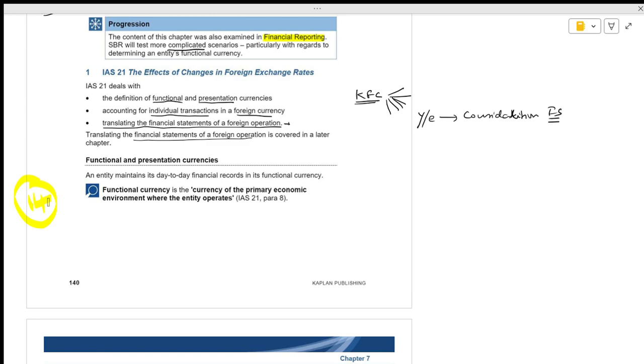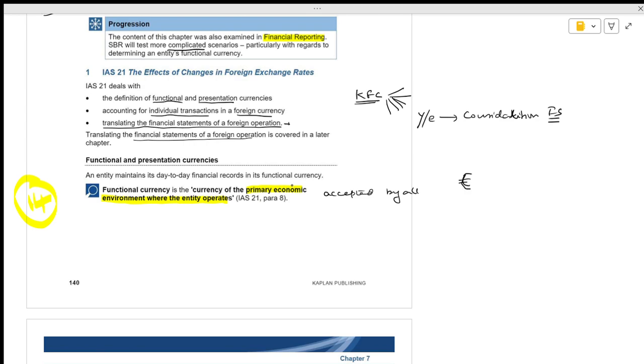Functional currency is the currency of the primary economic environment in which the entity operates. See, we cannot have different currencies. We have to arrive at some currency which is going to be accepted by all. That is one of the reasons. If you take European countries, euro is the functional currency.